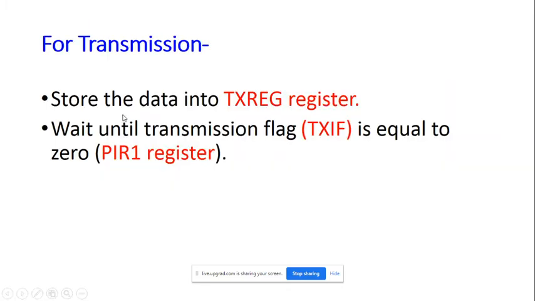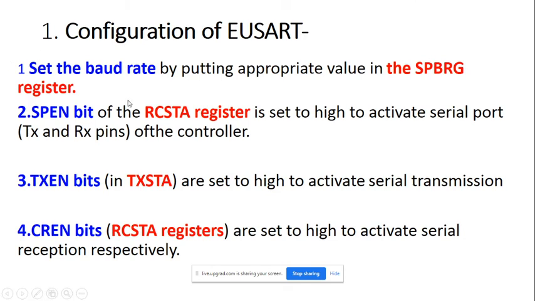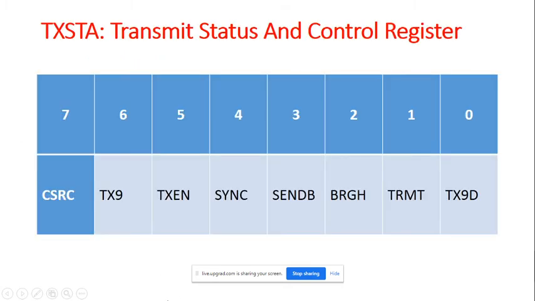Next, once all this configuration is over, meaning you set the baud rate, you are enabling the serial communication, you are enabling the transmission process, and you are enabling the reception process, then we start the transmission process.